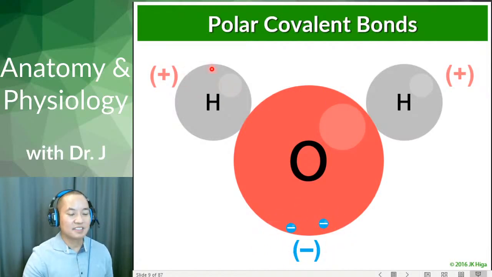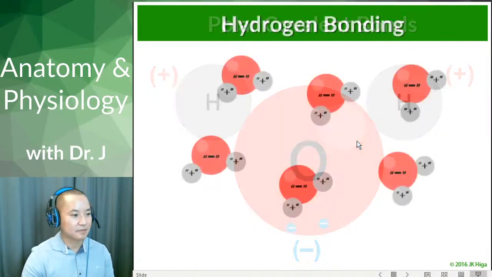And because the two hydrogens have less time with the electrons, they kind of lose a negative charge, so it flip-flops. They become slightly positive. It's not a full positive charge, and it's not a full negative charge. But this unequal sharing is what they mean by polar covalent. So you're still sharing electrons, but compared to the previous examples with diatomic hydrogen and diatomic oxygen gas, these are unequal in terms of how much time the electrons are shared between the atoms.